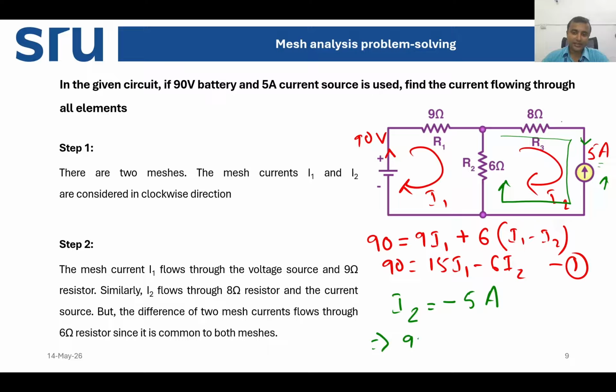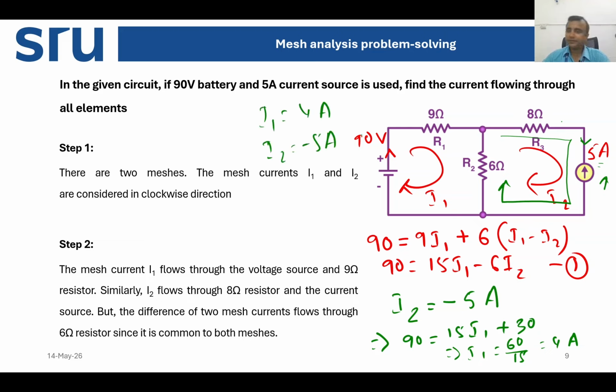So 90 will be equal to 15 I1 plus 30. Then immediately you can say I1 will be 60 by 15, so it is 4 ampere. That's it. So I1 equals 4 ampere and I2 equals minus 5 ampere.